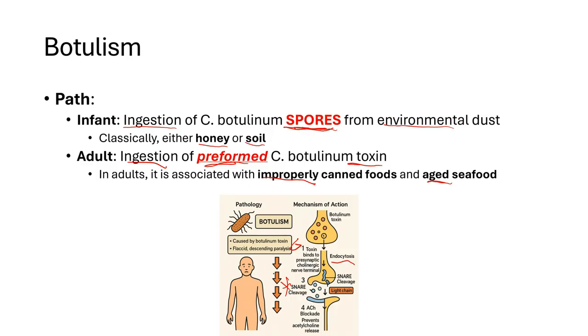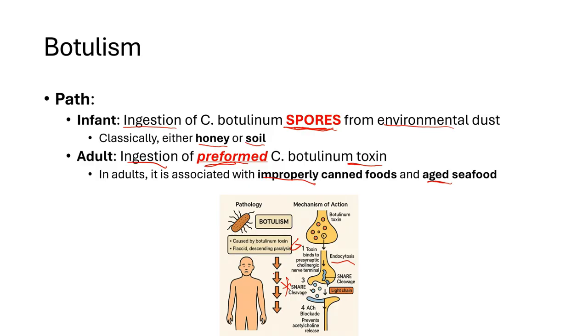Your SNARE proteins, which are essential for the function of your synaptic vesicles, allow for acetylcholine to release at the neuromuscular junction. Typically in botulism, though, the botulism toxin cleaves these SNARE proteins, which disrupts these vesicle fusions, blocks that acetylcholine release. This does not allow that acetylcholine to release into your neuromuscular junction, which does not allow for muscle movement.